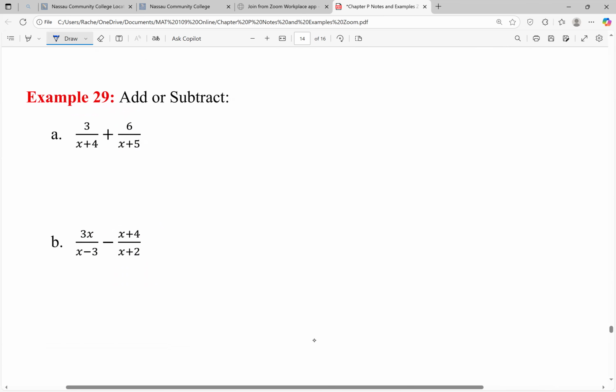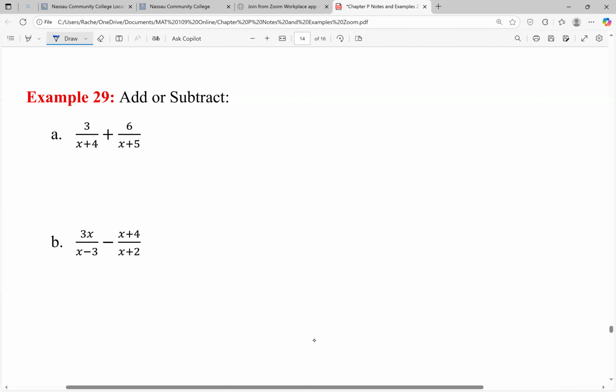So in A, I want to add 3 over x plus 4 plus 6 over x plus 5. So think about what we just did in the previous example on the whiteboard. I have two different denominators, right? One's an x plus 4, one's an x plus 5. They're two different factors, right? But if I take the product of the two different factors, x plus 4 and x plus 5, now I'm going to have an LCD.